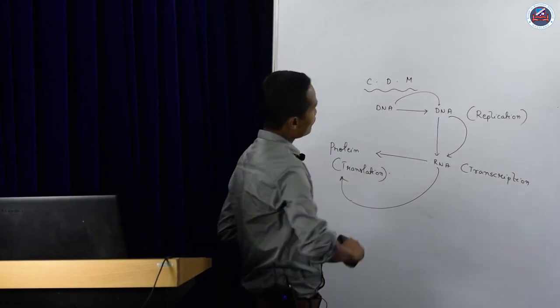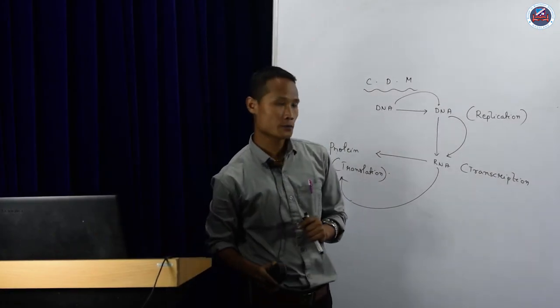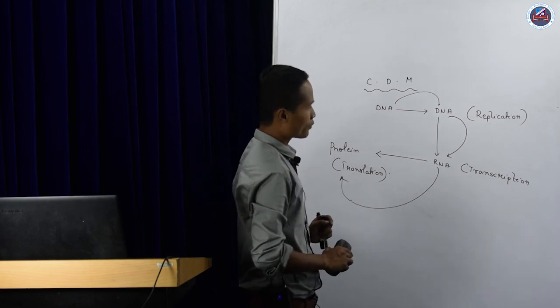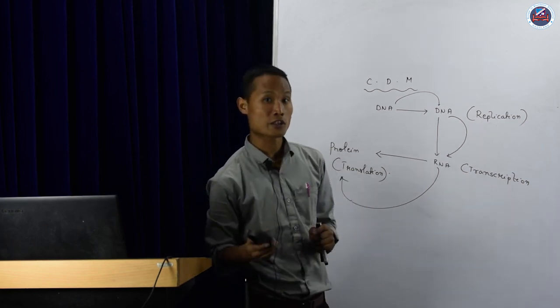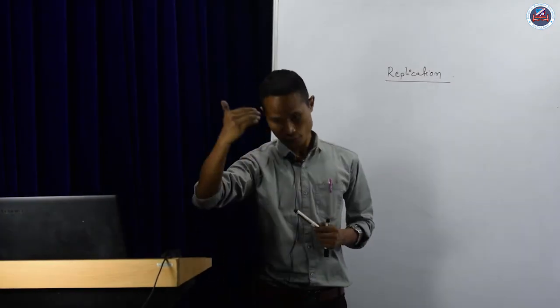Now with the idea of this central dogma of molecular biology, we are going to see the process called replication. What is replication? Replication is nothing but copying of DNA to DNA.